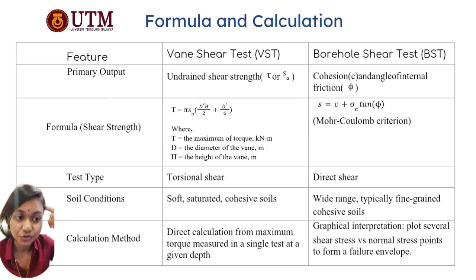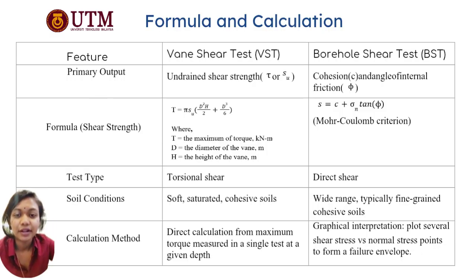This value is used to calculate the undrained shear strength of the soil. This method is used for soft sediment soil such as clay, where obtaining an undisturbed sample is difficult. The formula converts the rotational force into shear strength, making it a straightforward and direct test.